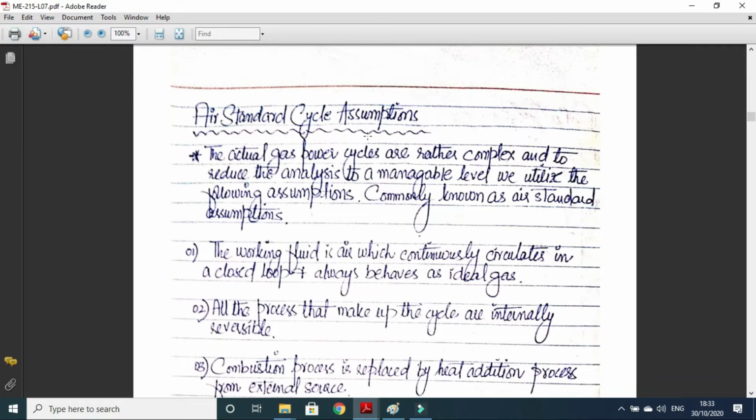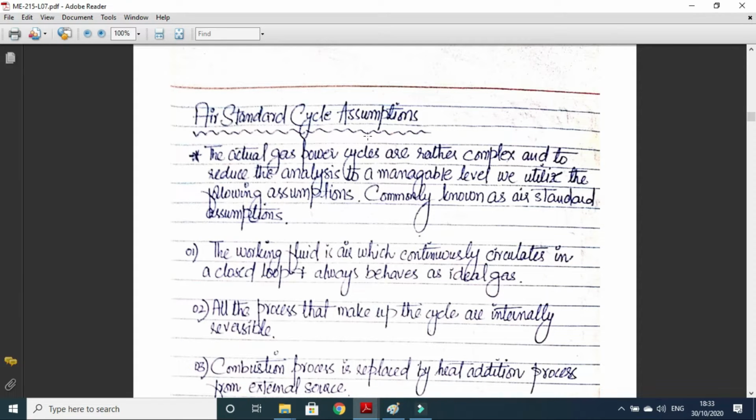So what we do, we go for the simplification, we go for the assumptions, and we end up with the ideal cycles. So the luxury and the advantage with the ideal cycles is that they are a very simplified form of the actual cycles, and it will be very easy to calculate the performance parameters of the idealized cycles.